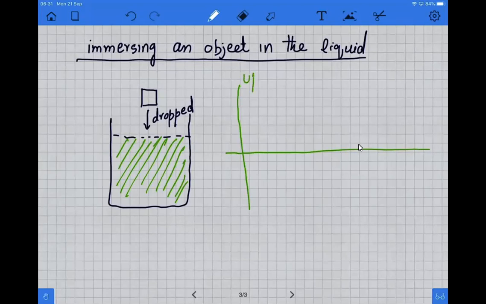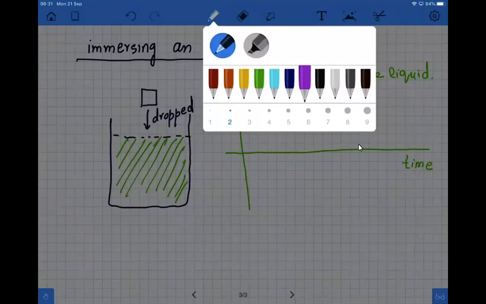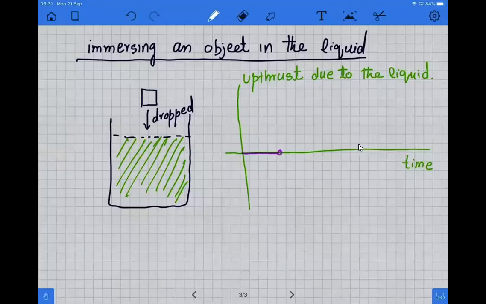If we plot a graph of upthrust against time, and this is upthrust due to the liquid and not due to the fluid, so upthrust due to the liquid for understanding. As long as the object is not in contact with the liquid, it will not experience any upthrust. So up to a certain point, say T1, the object will not feel or experience any upthrust as it takes T1 to reach the liquid.